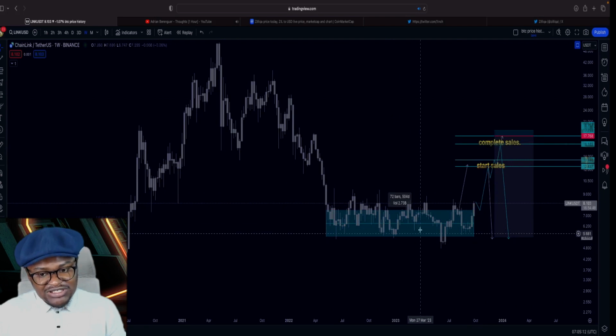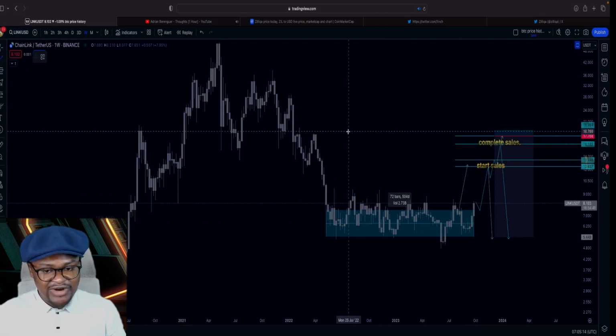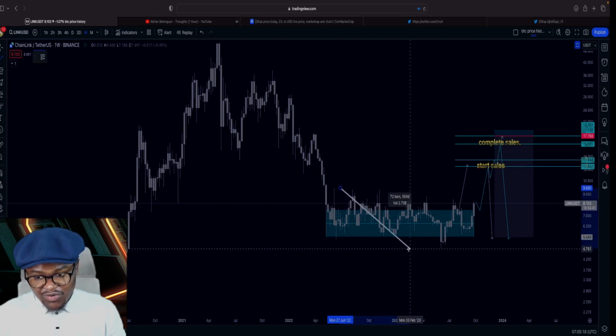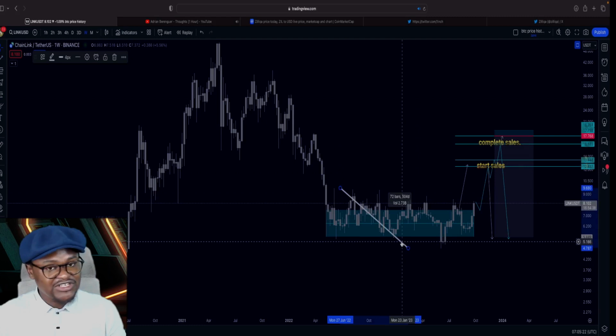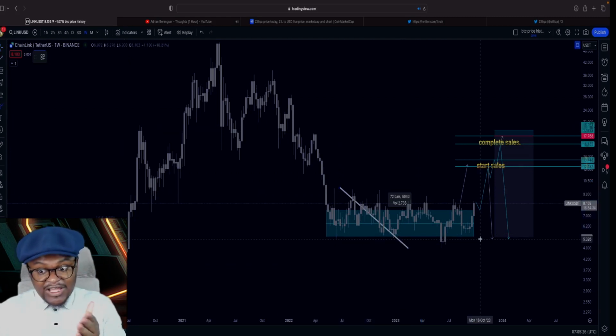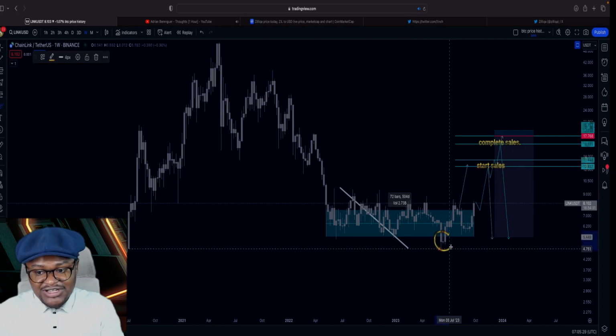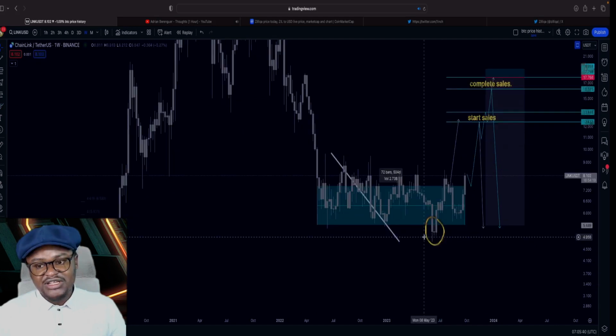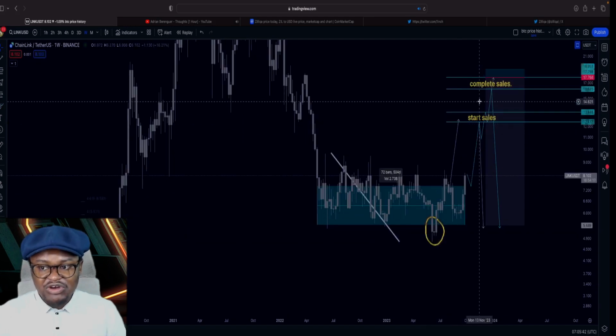Anybody that bought in this accumulation schematic right here, if you take the highest point here to the lowest point here, which is somewhere around $4.78, which is something I told you guys. I pointed this out to you, that link seems to be on spring. The spring will lead to this move up.